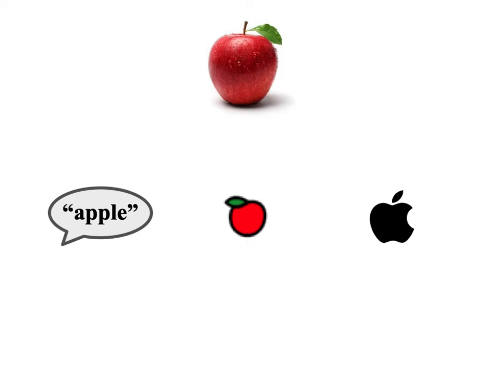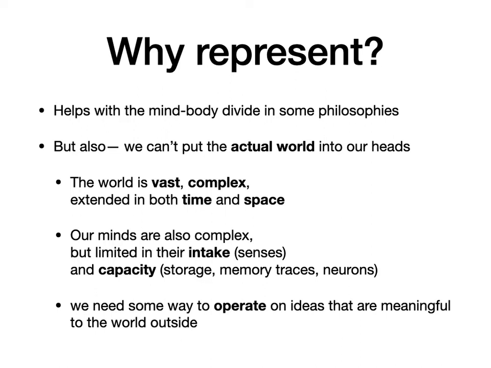Now, one of the big questions is, why should we represent at all? In some philosophies, it helps with this mind-body divide, right? So if you believe in a strong division between mind and body, it helps you understand how the body just makes a sort of leap of abstraction, and then the mind takes over from there.